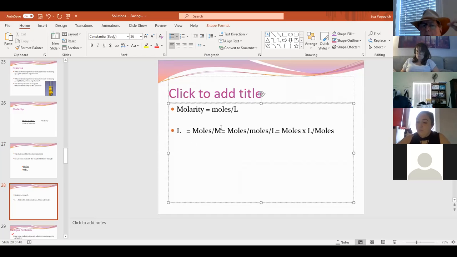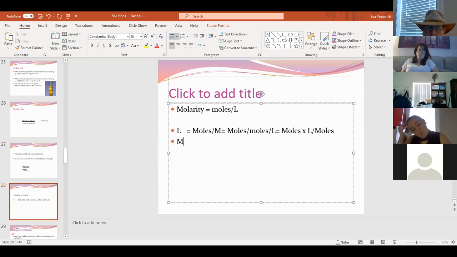So in other words, when we divide by the molarity, we multiply by the reciprocal. When I do this final math problem out, moles cancels with moles, I'm left with liters.